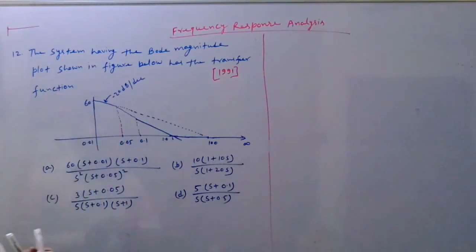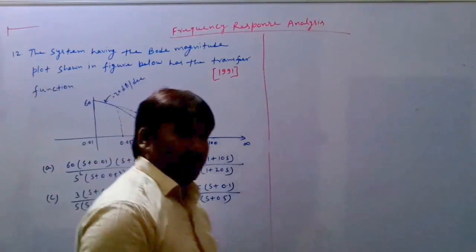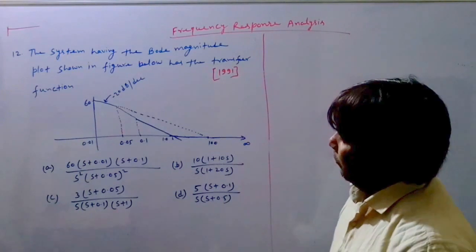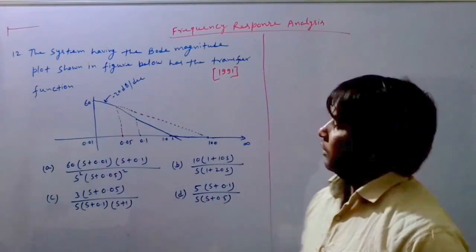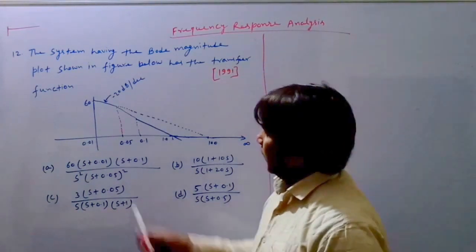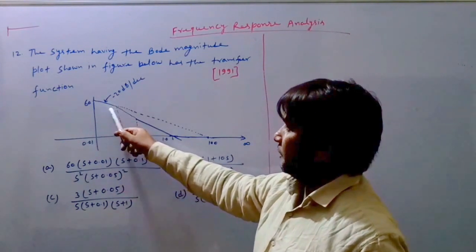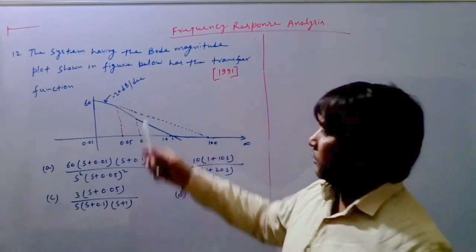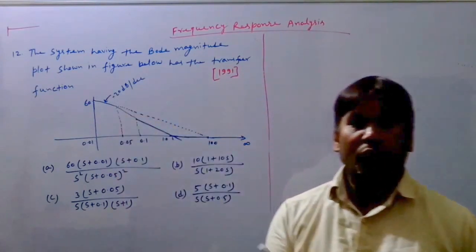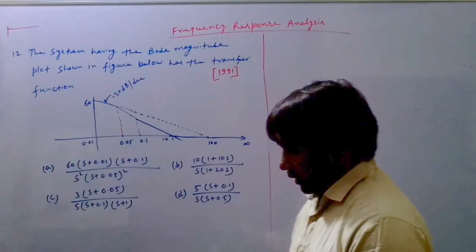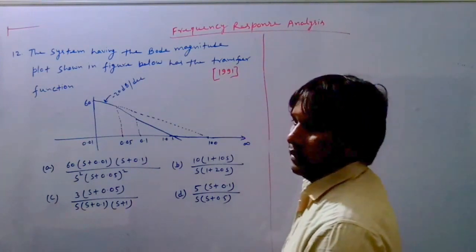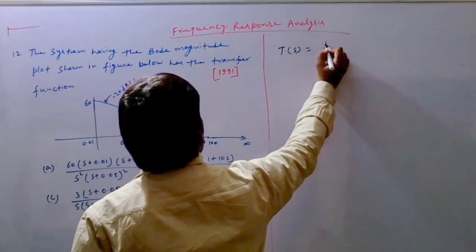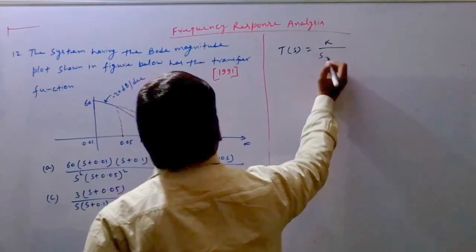That means there is some pole at origin. So what is that pole? Since before that the slope is minus 20 dB per decade, there is only one pole at origin. So the transfer function will be, let me write some constant K divided by s.